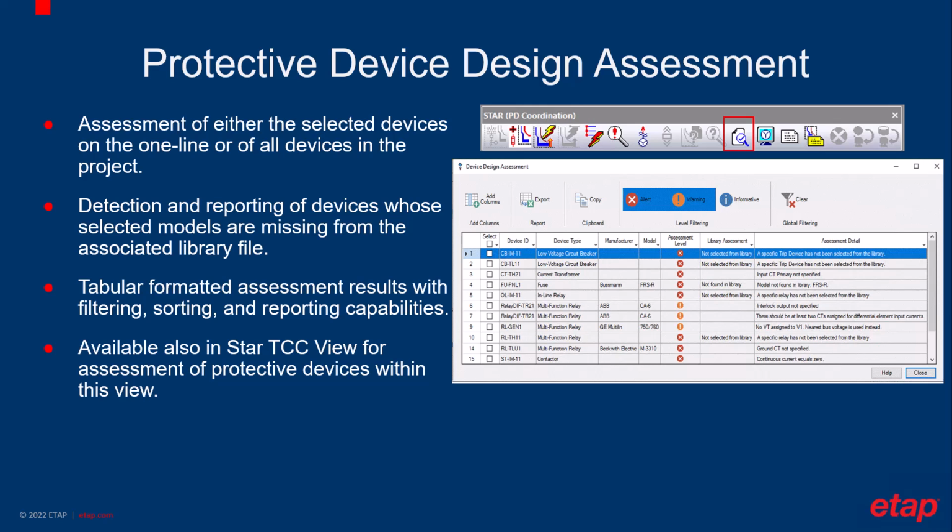This tool can be applied to either selected devices or all devices inside the project. A very comprehensive message is given for each individual device, and the design assessment is provided in a tabular format, which allows you to do filtering and sorting. It's also available for star views, so you can utilize it for each individual star view as well.